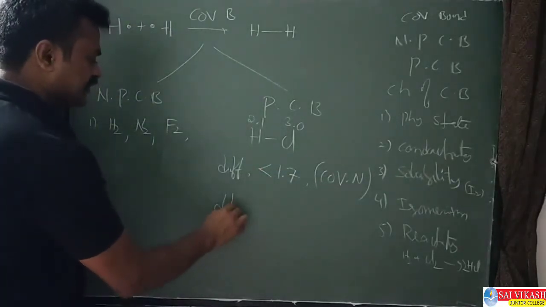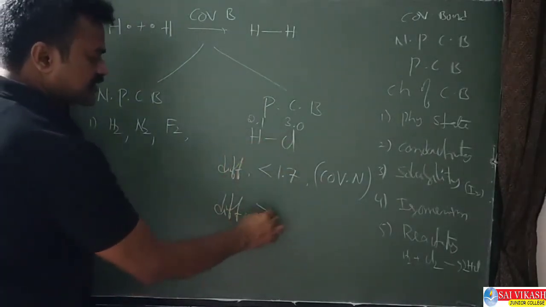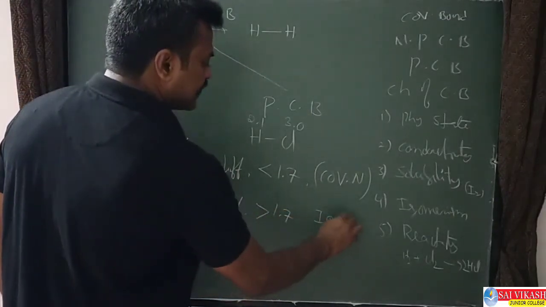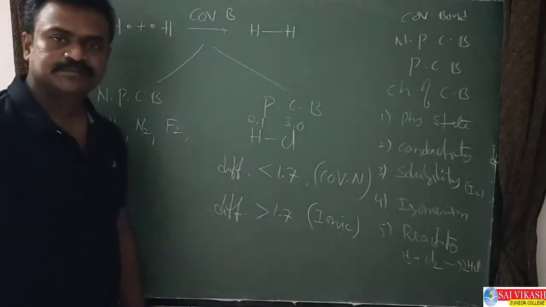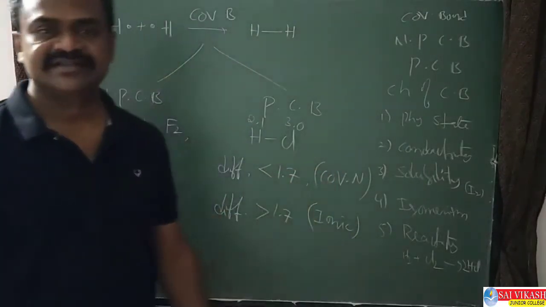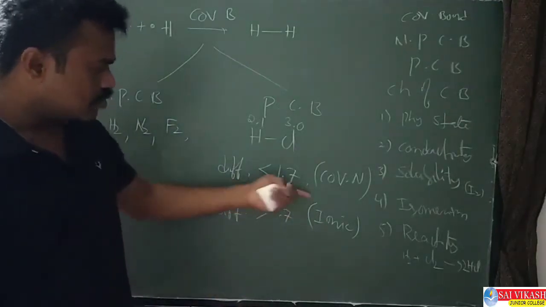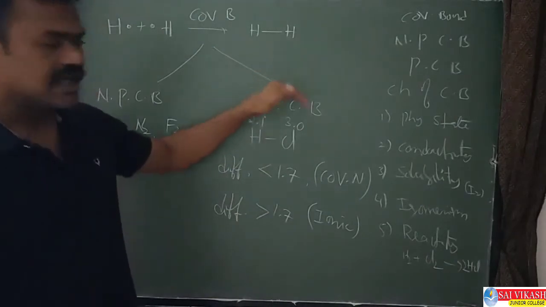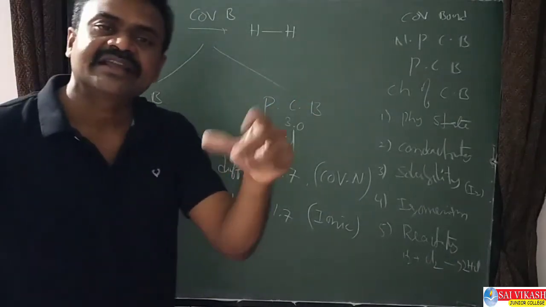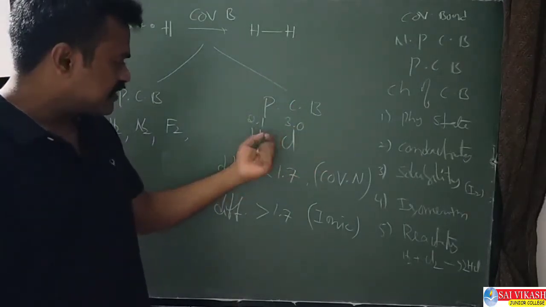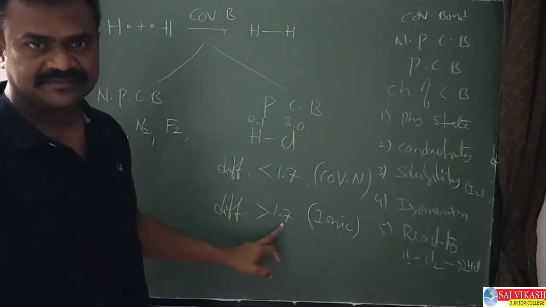Suppose the difference in electronegativity is greater than 1.7, then ionic nature is dominating and covalent nature decreases. So both are polar covalent bonds only, but the polarity means ionic nature. The ionic nature is more if the difference is greater than 1.7.